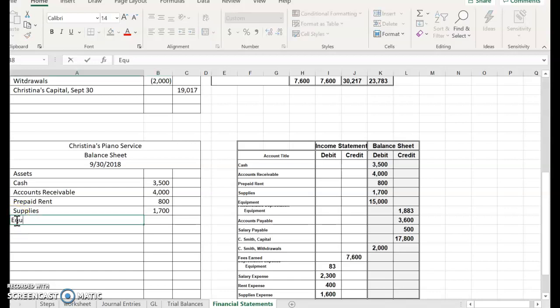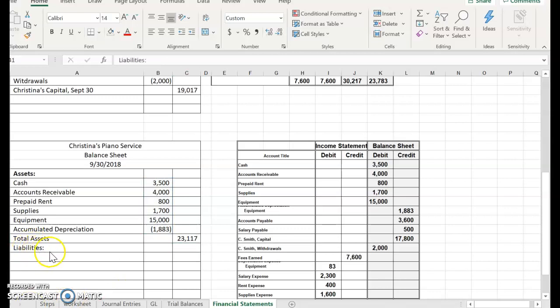We have equipment of 15,000. And then we have accumulated depreciation, which is a contra account. I'm going to put it in as a negative because it reduces my equipment account. So my total assets is equal to the net of all that.